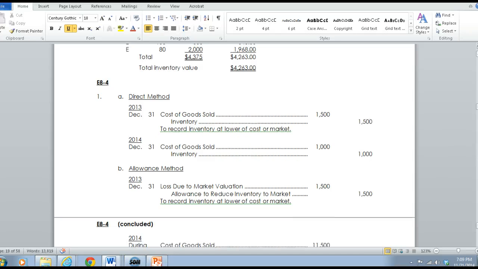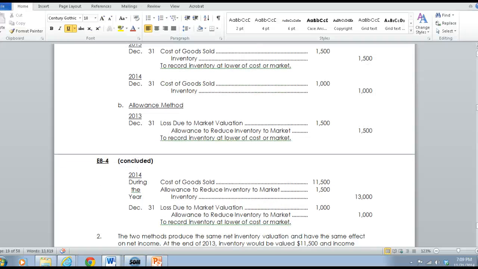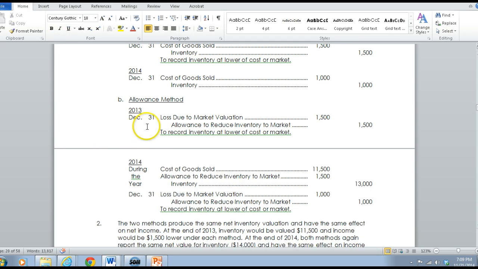Now the allowance method does not go directly against our inventory and cost of goods sold. So we would have to show here that we have the first year a debit to loss due to market valuation of $1,500, and then a credit allowance to reduce inventory to market for $1,500.